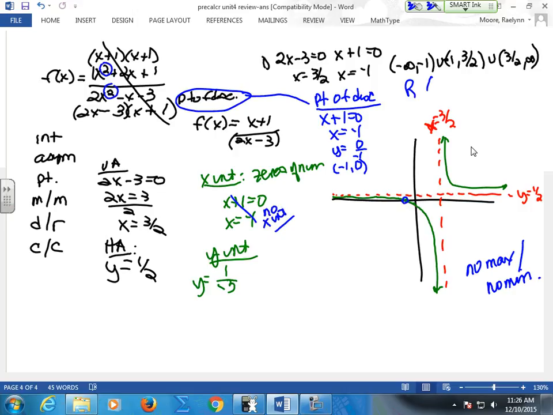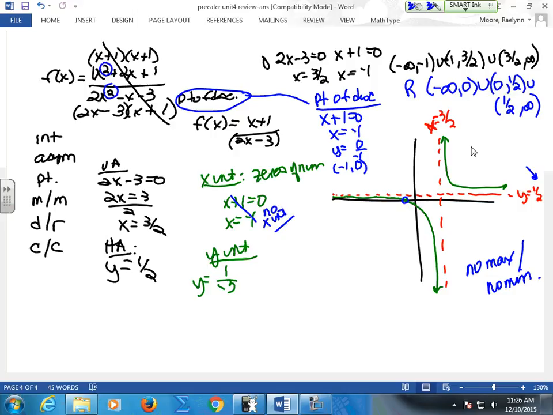No. I'm going to jump over the 0. Up, I got an asymptote here. So which one can I not use? I can't use 1/2. I'm going to jump over 1/2, and then you can use the rest. Find your range after you found your maxes, your mins, your points of discontinuity, and all your asymptotes.